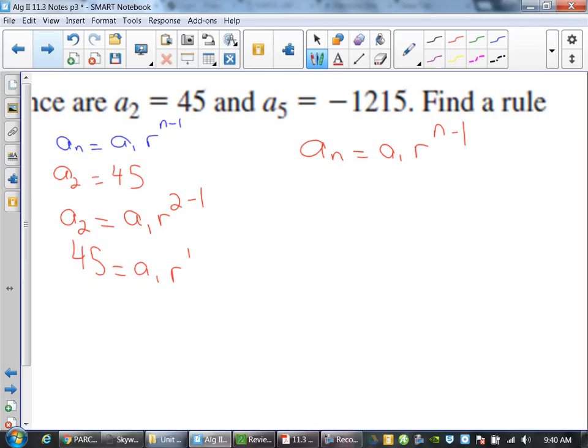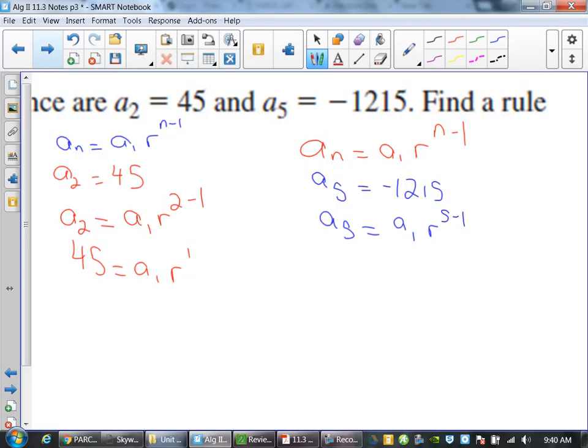I write out what I know. I know that the fifth term is negative 1215. I substitute in my values. The fifth term is the first term times the rate to the 5 minus 1.